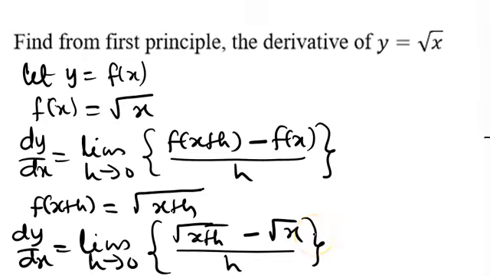Now students are familiar with rationalizing from the denominator, but today I want you to know that you can also rationalize from the numerator. So let's do that. The conjugate of this becomes root x plus h plus root x.